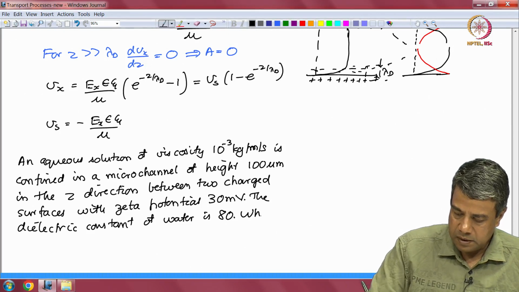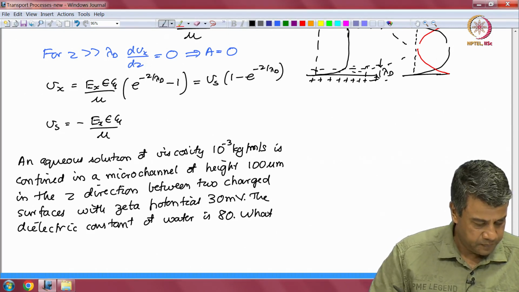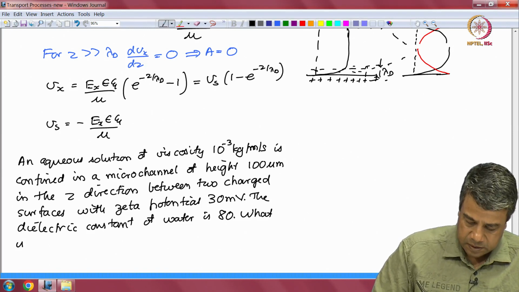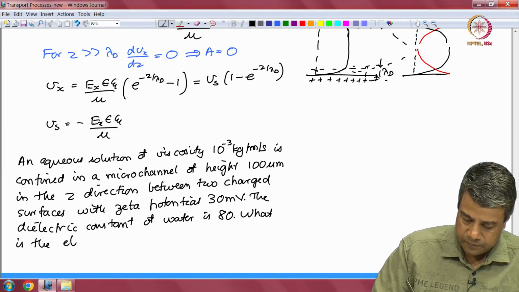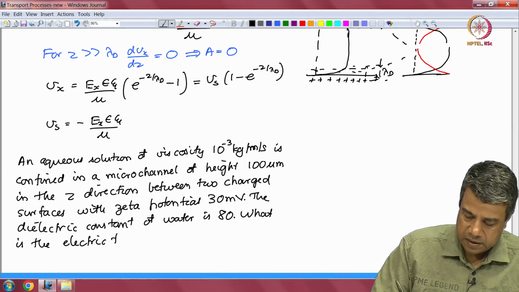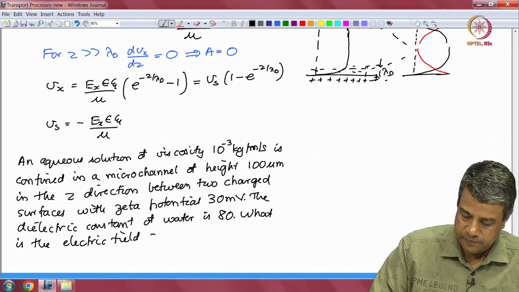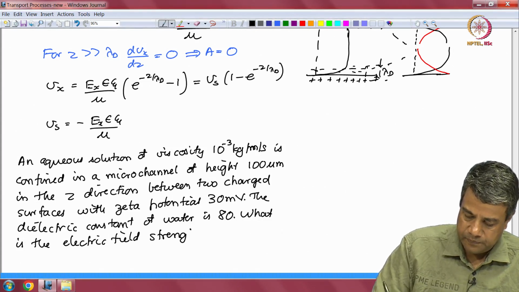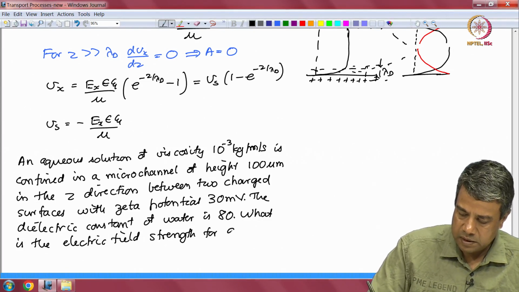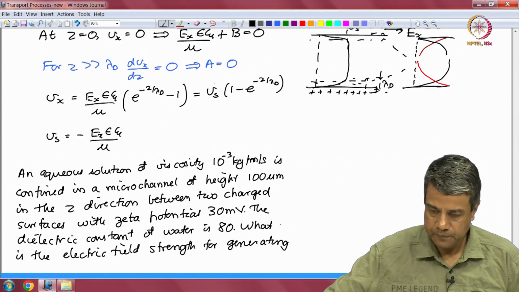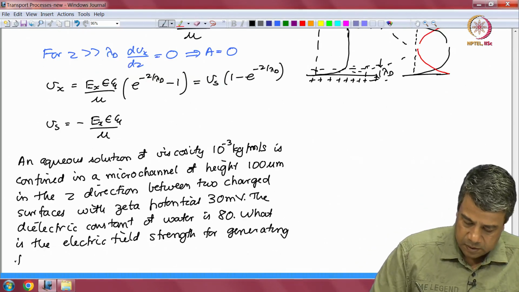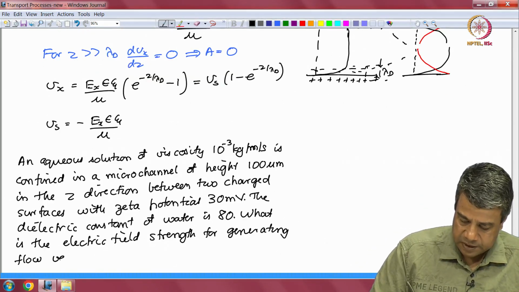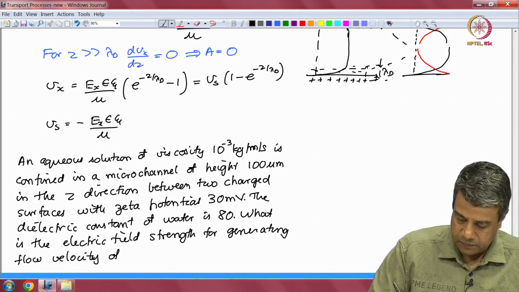What is the electric field strength for generating a flow velocity of 1 millimeter per second?